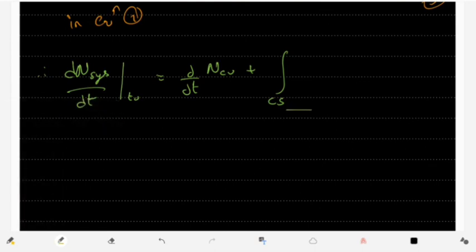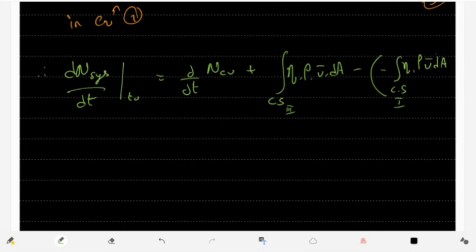Now we'll get this at surface 3, eta into rho of v bar dot dA bar, minus integral of surface 1, eta into rho v bar dot dA bar.